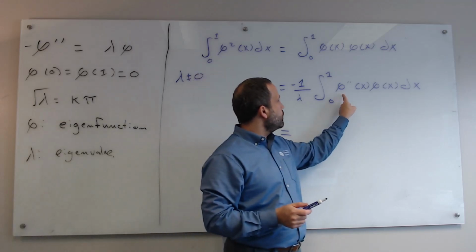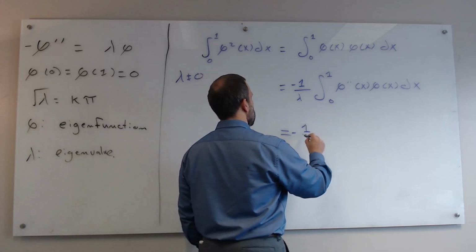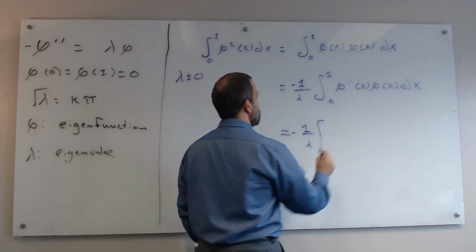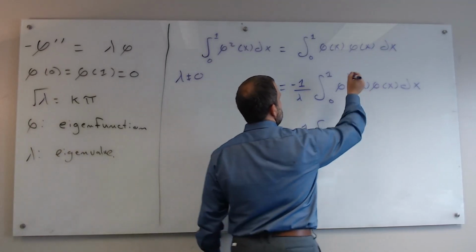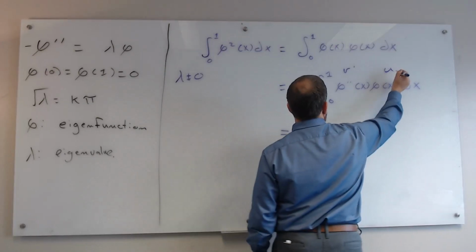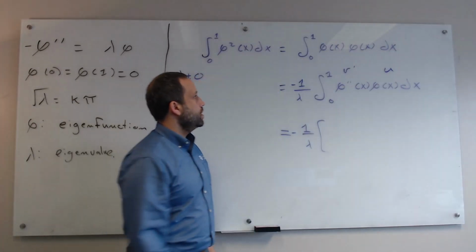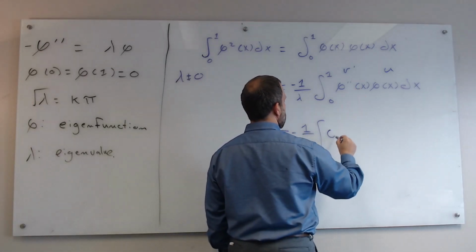Well, I move the derivative from there to there via integration by parts. So we're going to have minus 1 over lambda, and in the standard notation for integration by parts, this would be our v prime, this is going to be our u, so it's u times v. So v is going to be phi prime of x.